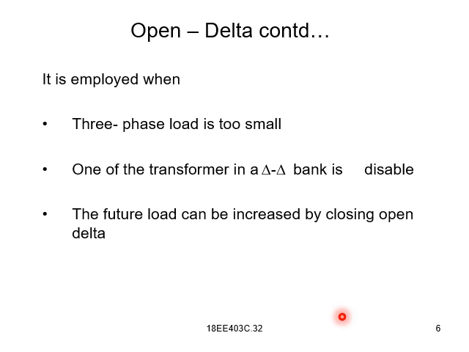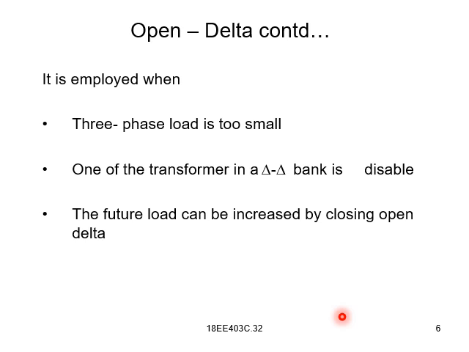So these are the three important elements that an open delta employs. The first thing is it is employed when the three-phase load is too small. For example, if all three are connected, then it can supply a huge load.